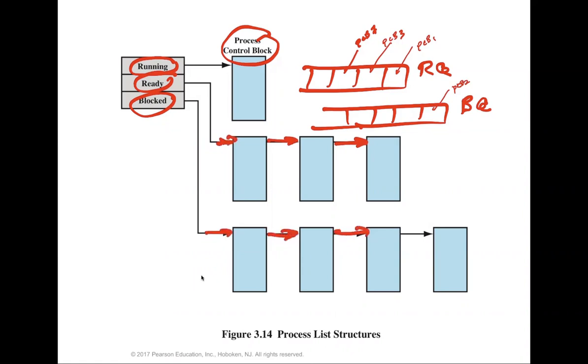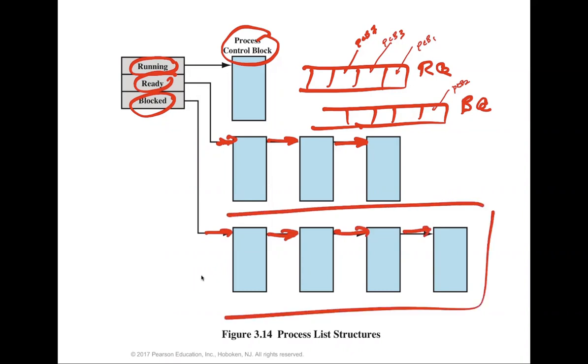So this is to represent the blocked queue, and to represent the ready queue, but using a linked list. Why do we need this? Because we'd like to allow easy addition and deletion of process control blocks. When a process is created, a process is deleted, a process would move from one queue to another queue. So when we allow creation, deletion, and switching between processes, the process list structure using the linked list is well recommended.